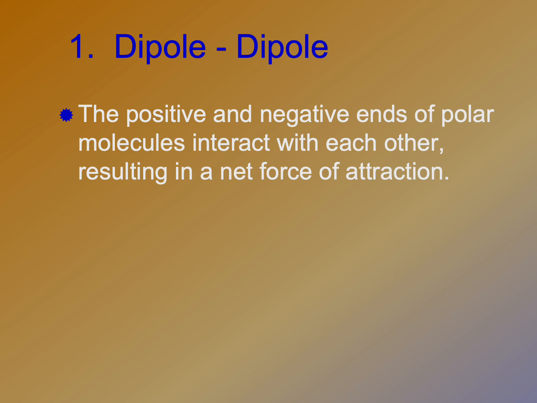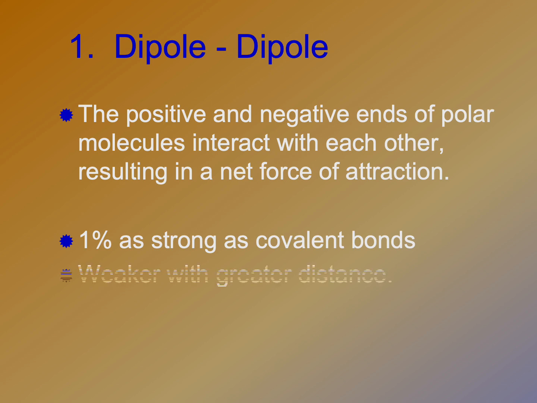So the positive end of one molecule can be attracted to the negative end of another molecule. This is about 1% as strong as covalent bonds, so it is weaker than covalent bonds. And this becomes weaker with a greater distance. The further apart those particles are, the weaker that dipole attraction is going to be.